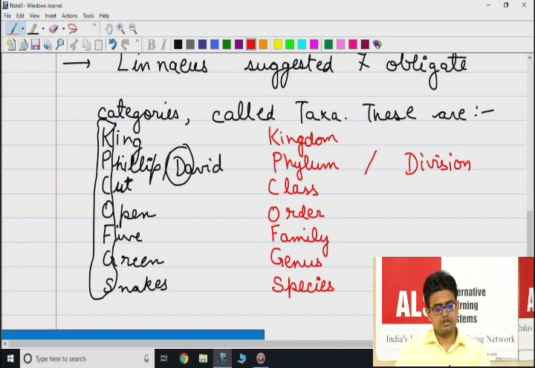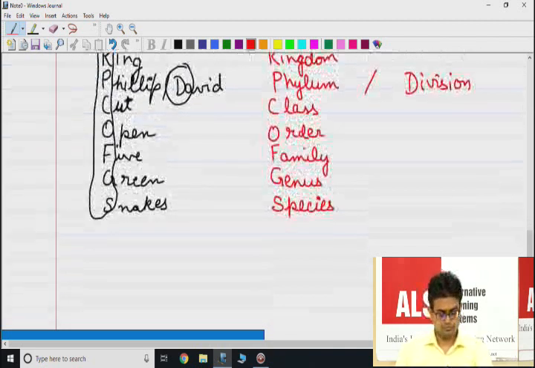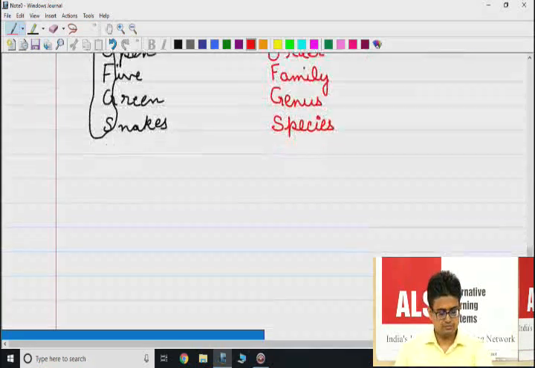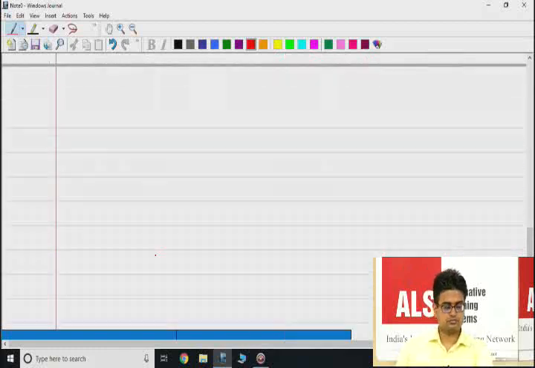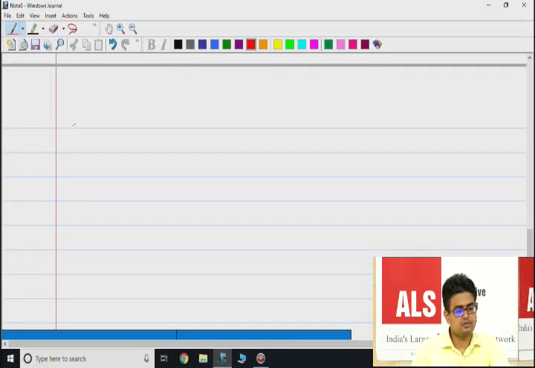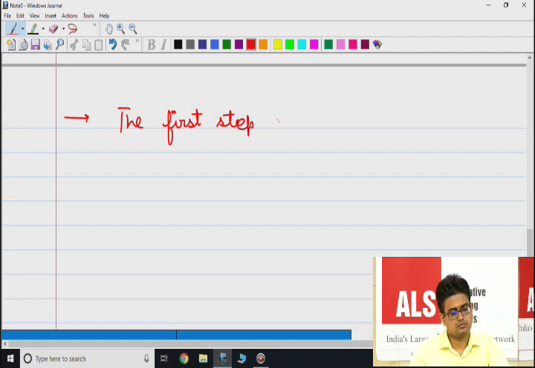Okay, so let's continue. The first step in taxonomy is identification and nomenclature. Identification comes first.